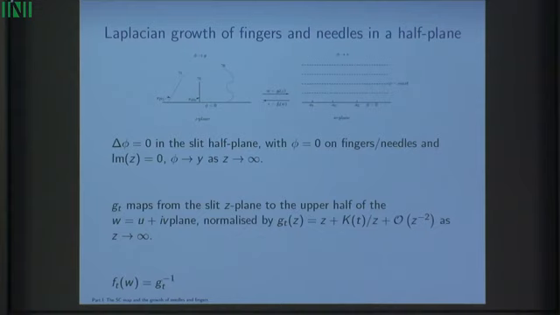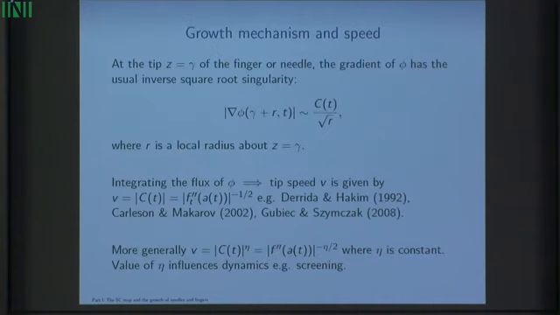We can predict the motion of these needles and fingers with time. So all the motion is concentrated at the tip. And by making this approximation, we also avoid the problems of cusp formation in the Hele-Shaw cells and so on.